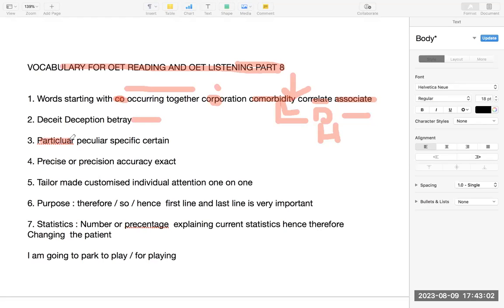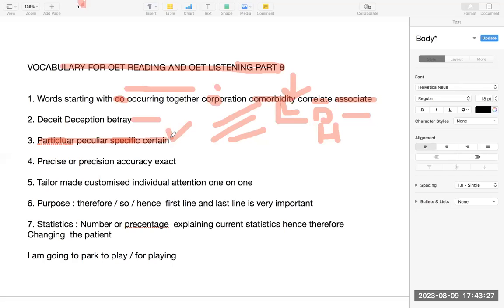The word particular is very important. When there is any word like particular, specific, or certain in OET, suppose in the paragraph it is given that there are certain parameters, there are certain variables, there are certain measures which can be taken to treat this disease, then in the option also, the word particular or specific must be there.